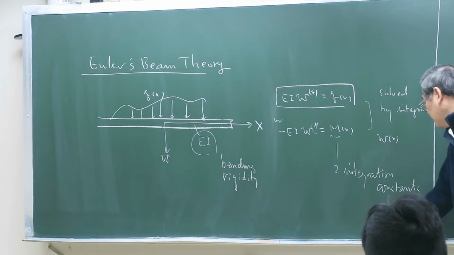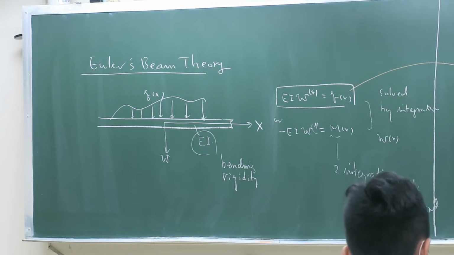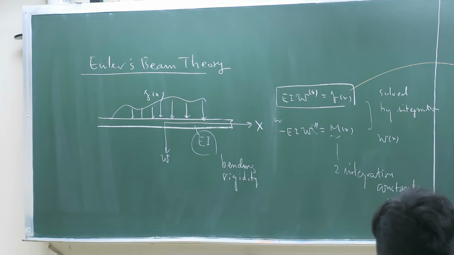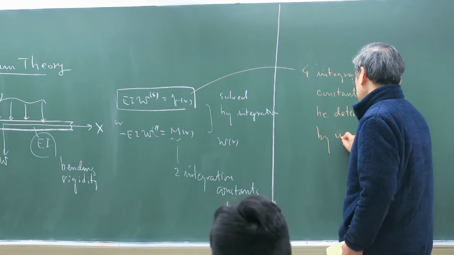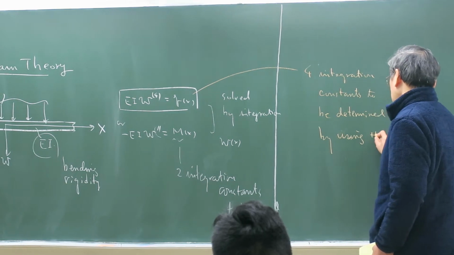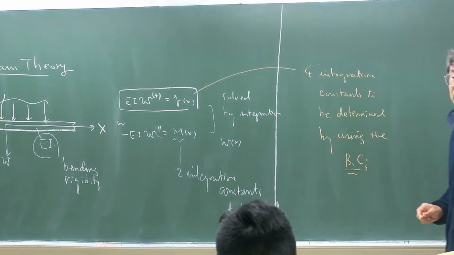So this will have 4 integration constants to be determined by using the boundary conditions, right?